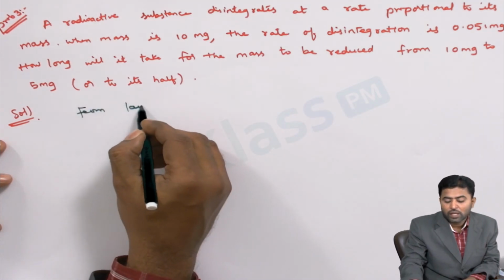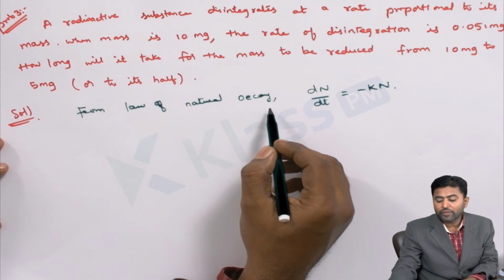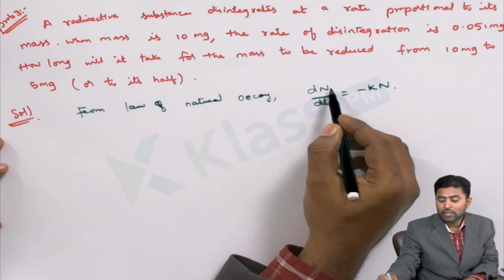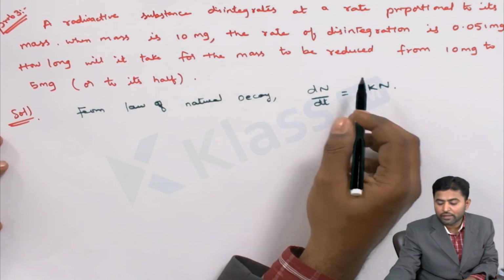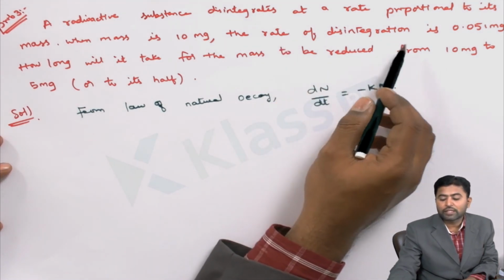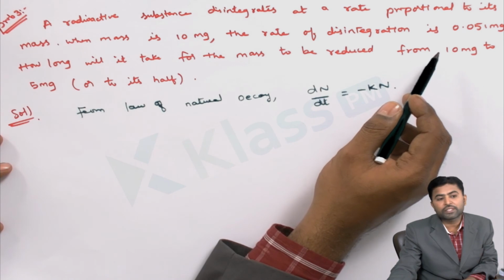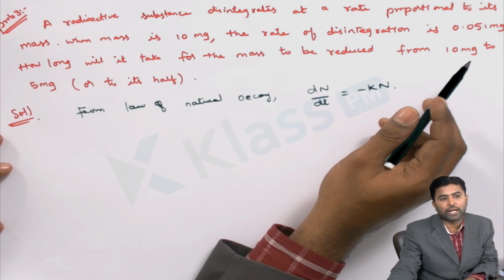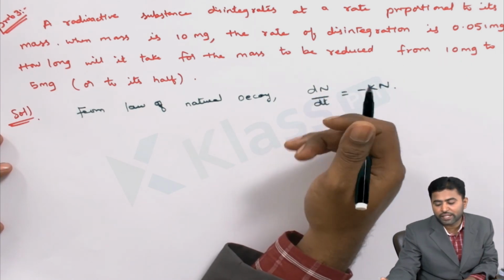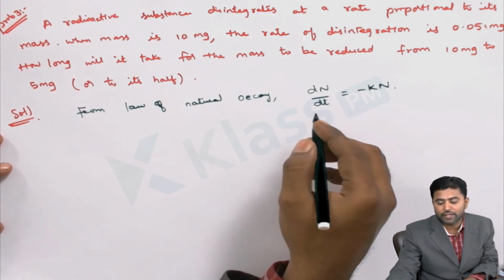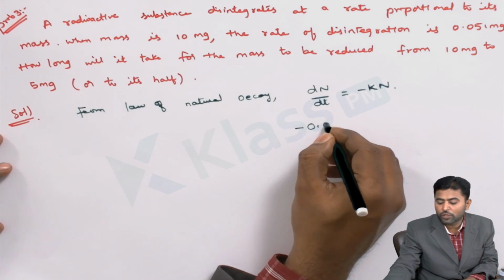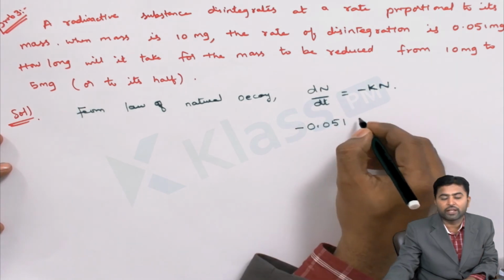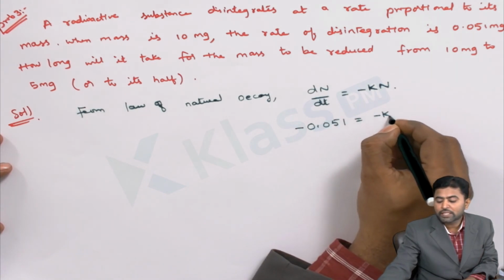From the law of natural decay, dN by dt is equal to minus kN, and it is given that the rate of disintegration is 0.051 milligrams per day. It is disintegration, so it is going to decrease, therefore we represent that with the minus sign. So minus 0.051 is equal to minus k.